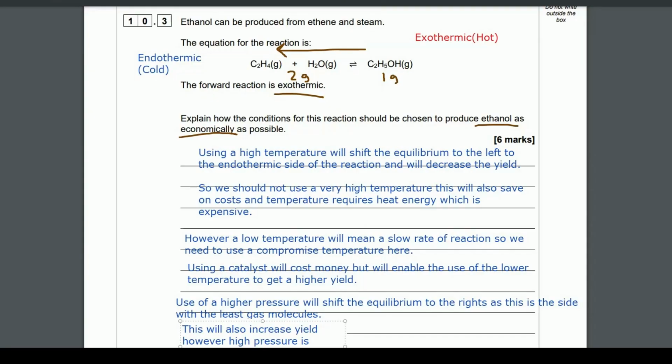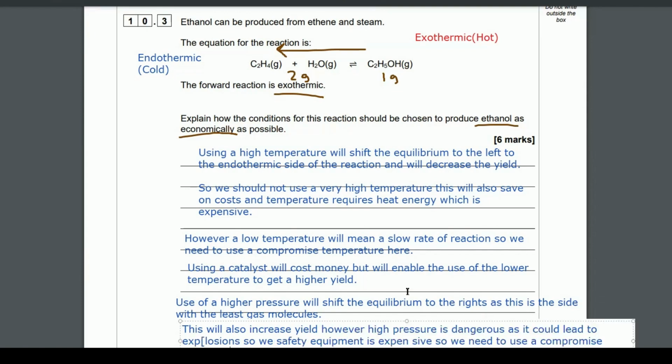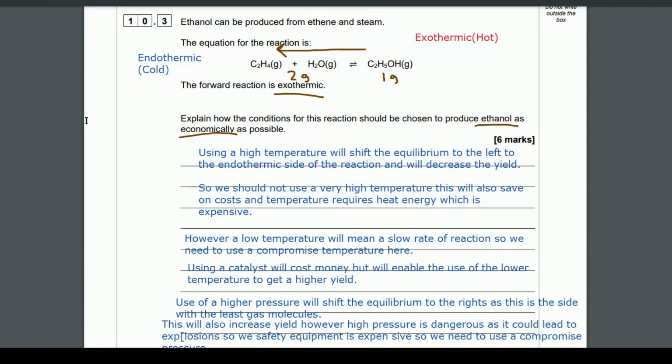Safety equipment is expensive, so we need to use a compromise pressure. Compromise pressure means high but not too high. So maybe 200 atmospheres or something, but you don't want to use like 1,000 atmospheres because that could lead to explosions, and would mean you need really thick steel walls around your reaction vessel to prevent explosion.